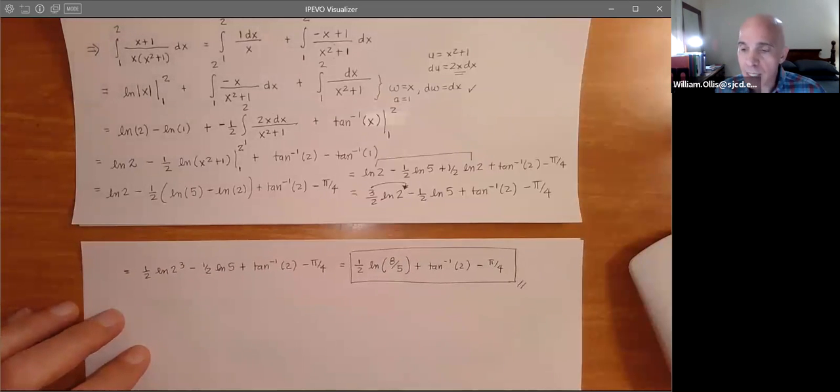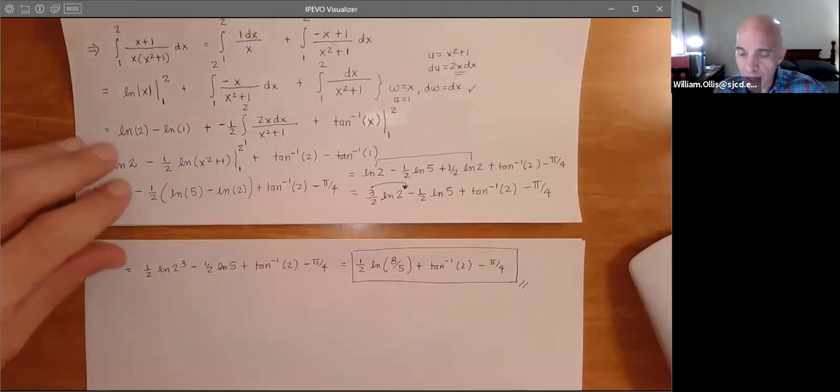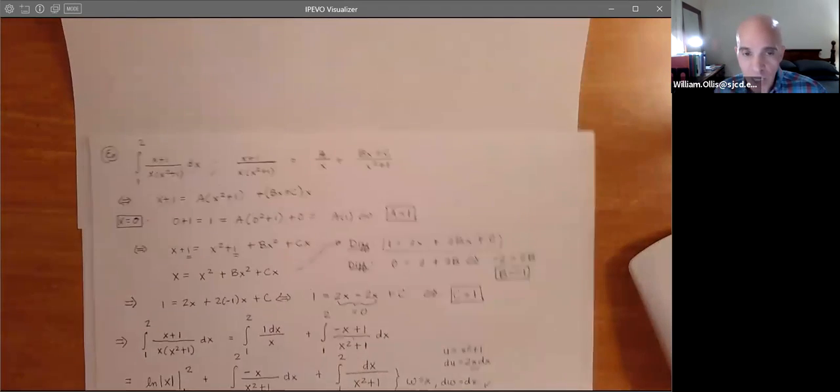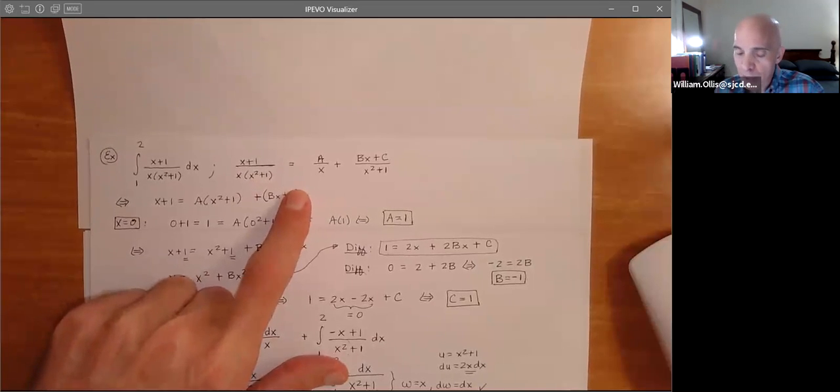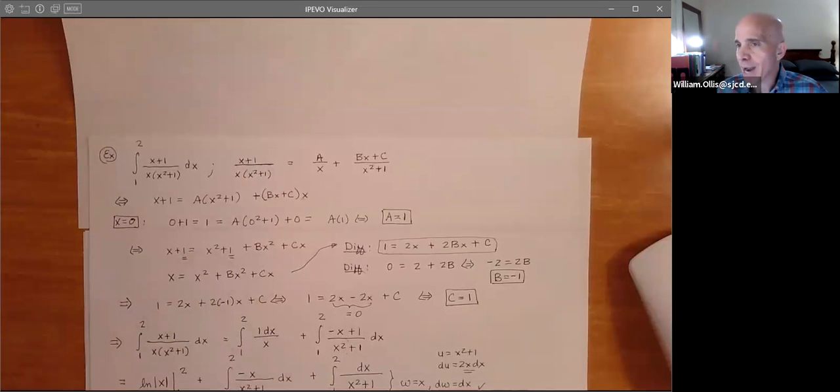So what we can see here is that when we're doing the partial fraction decomposition, we are adhering to the same set of rules. The best way to do this is to practice. You can write the rules down all day long, but it's not going to get you where you want to go until you actually see the method.